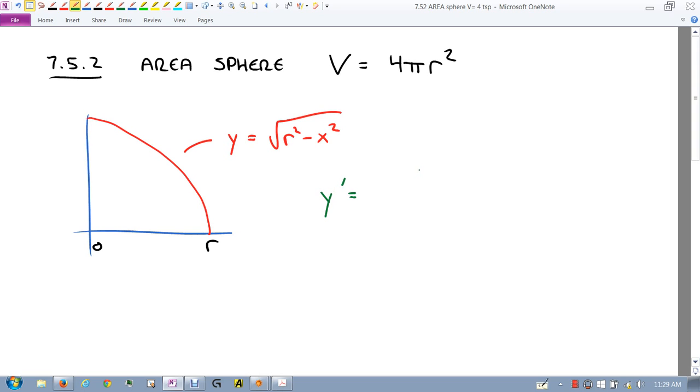Isn't the derivative of the square root of something 1 over 2 times the square root of that something, times the derivative of what's inside? What's the derivative of what's inside? Remember, r is a constant. So just minus 2x. Clean it up.